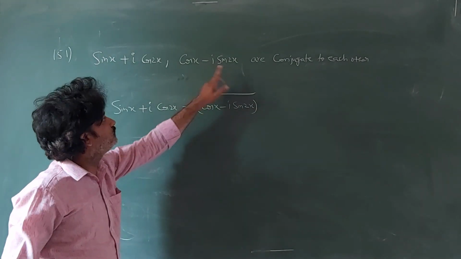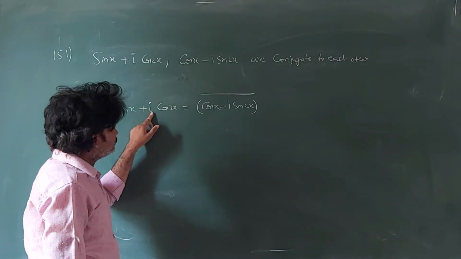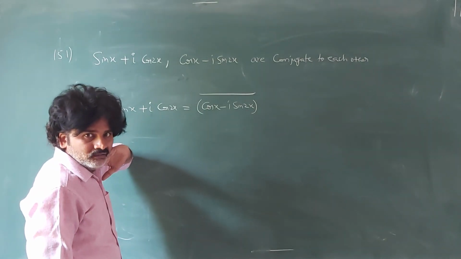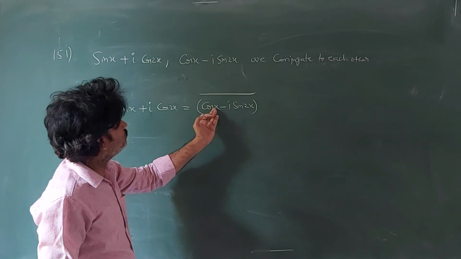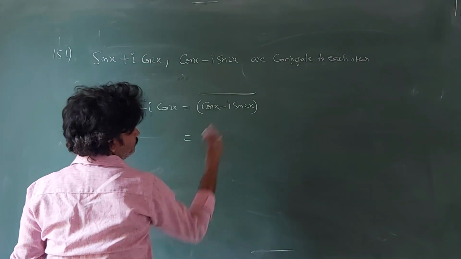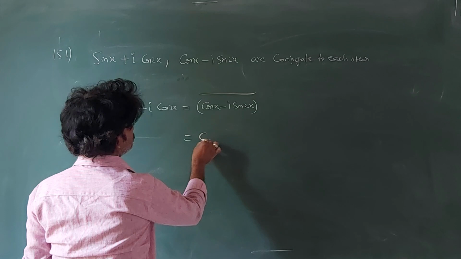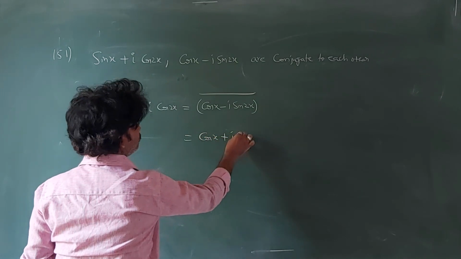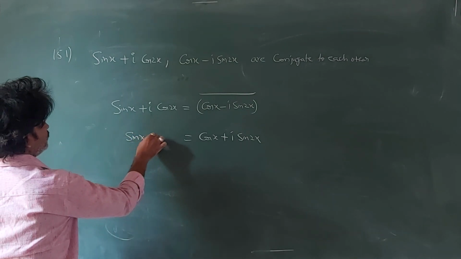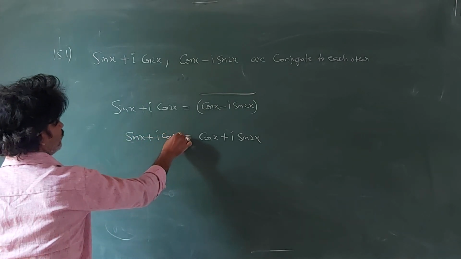Conjugate means we denote it with a bar: Z1 is equal to Z2 bar. Now what is the conjugate of this second complex number, cos x minus i sin 2x? Its conjugate is cos x plus i sin 2x. So here we have sin x plus i cos 2x.